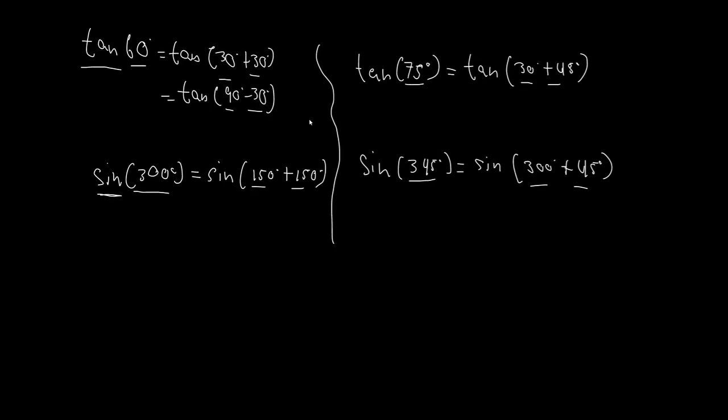However, the similarity between the two is that they can be separated, meaning that the angle they use on the left side of the equation can be separated into two separable special angles. So for this, we're going to use another method, which is the sum and difference identities.